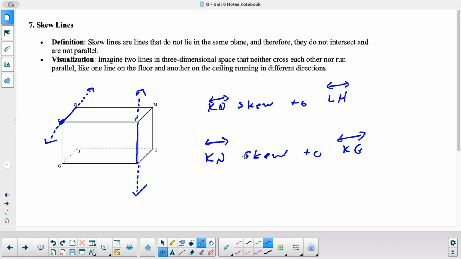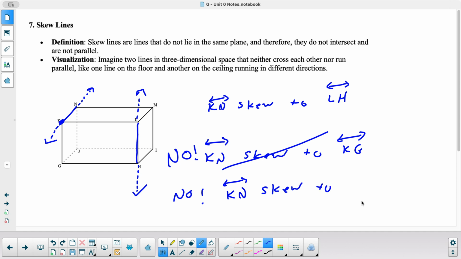So this is a no. Also don't say line KN is skew to line LM, because those are parallel. They're on the same plane. They're on the same surface. They're on the top. A plane is like a side of the box. They're on the same plane. Can't do that. So that would not work. They have to be on different planes, not intersecting as well.